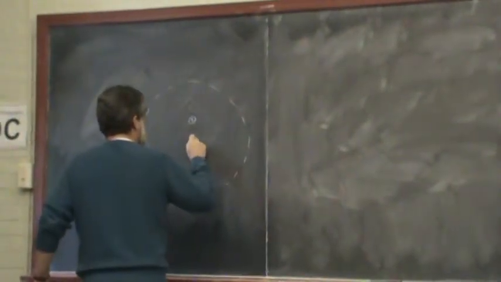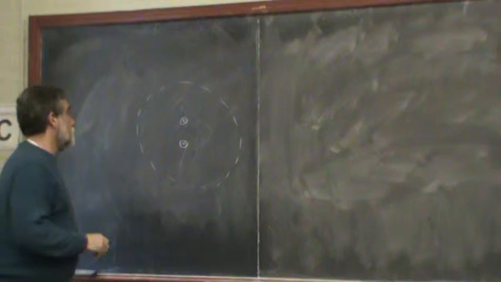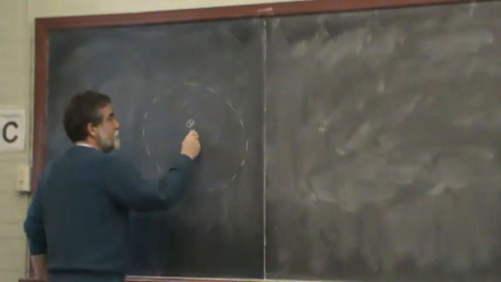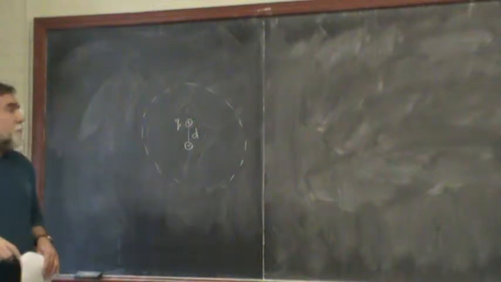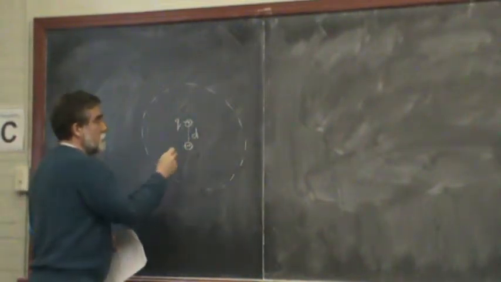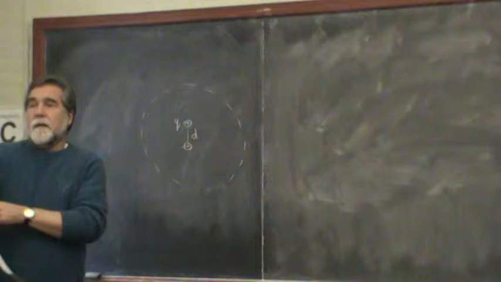So a dipole is two equal and opposite charges that would be placed a distance d apart, right?